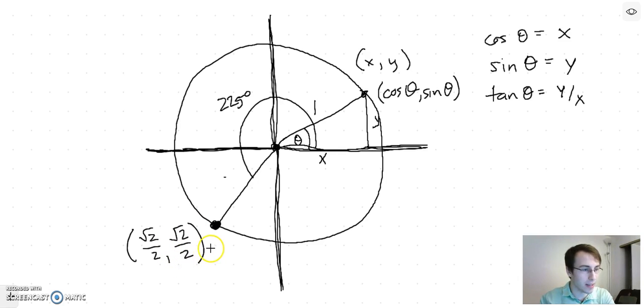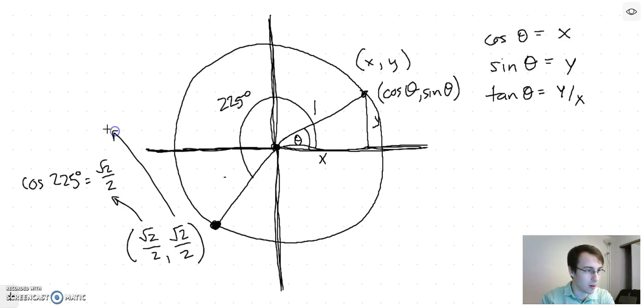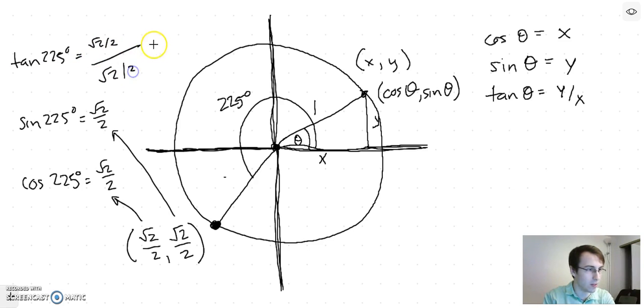And then you can tell right off the bat, cos 225 degrees equals root 2 over 2, because that's the x, and then the y, sine 225 degrees equals root 2 over 2, and then tan 225 degrees equals root 2 over 2 divided by root 2 over 2, which just comes out to 1.